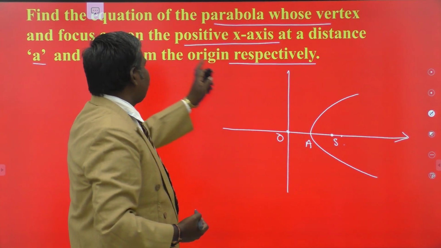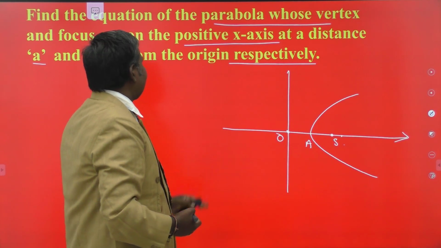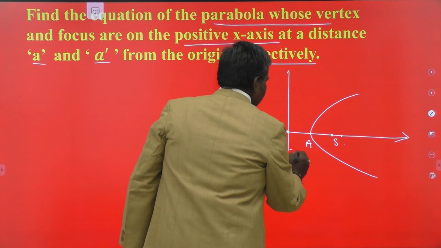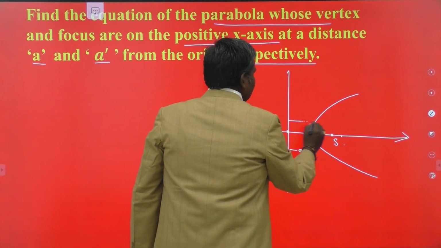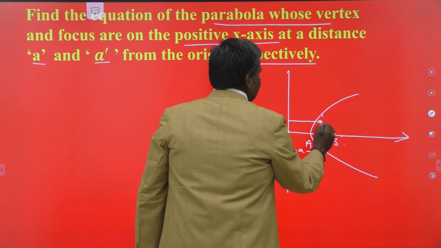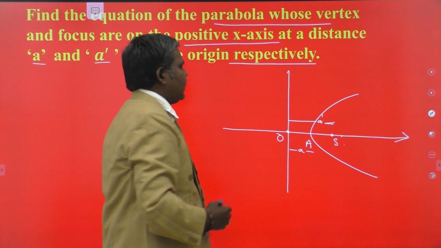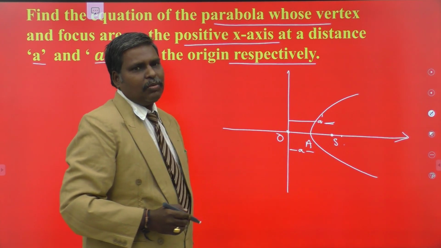The vertex and focus which are on positive x-axis and are at distances a and a dash from origin. So the distance from origin to the vertex is a units and the distance from origin to the focus is a dash units. Now we have to find out the equation of the parabola.